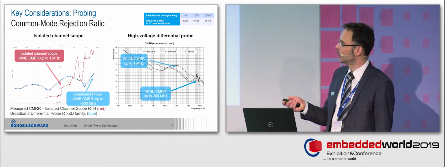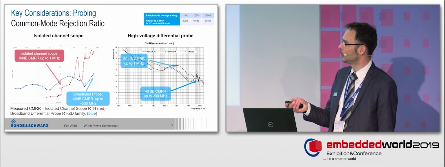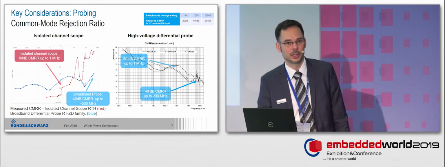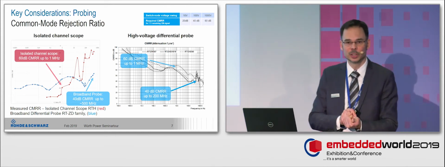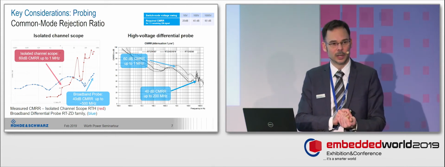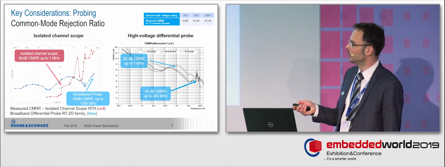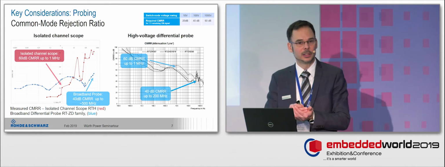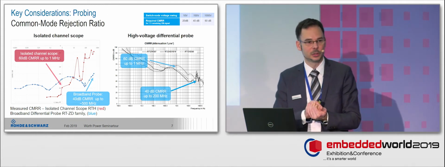I also plotted another curve here, and this is a broadband differential probe. You can see that those probes are usually not designed for such high common mode rejection ratios, but this can be interesting if the voltage is not so high. The probe that I'm referring to can be used with an additional 10-to-1 attenuator, which gives plus minus 50 volts voltage swing.